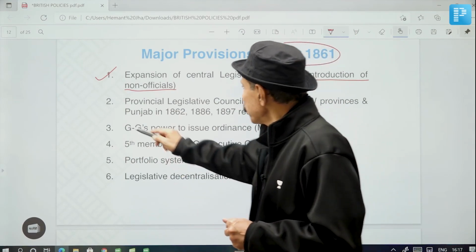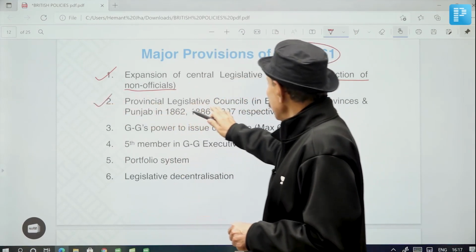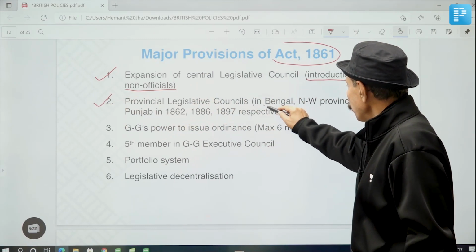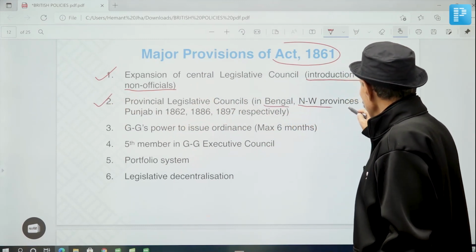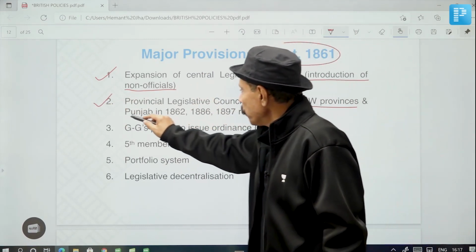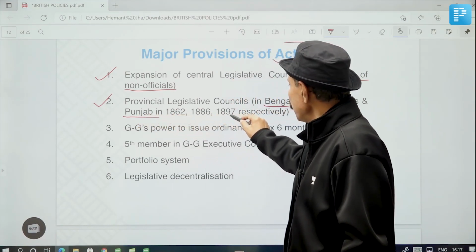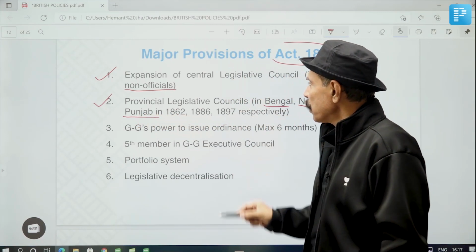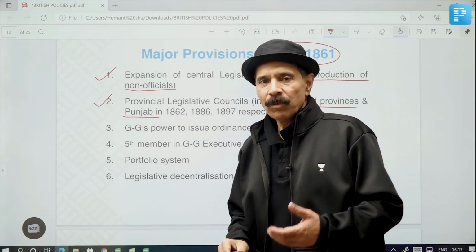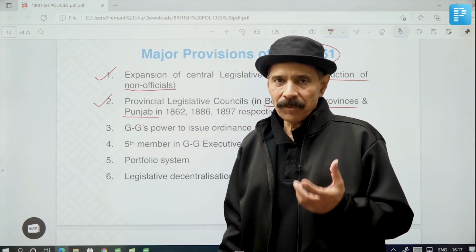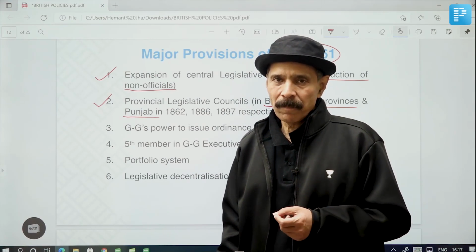Next one is creation of provincial legislative councils in Bengal, Northwest provinces, and Punjab in 1862, 1886, 1897 respectively. So before this act, the legislature existed at center only.